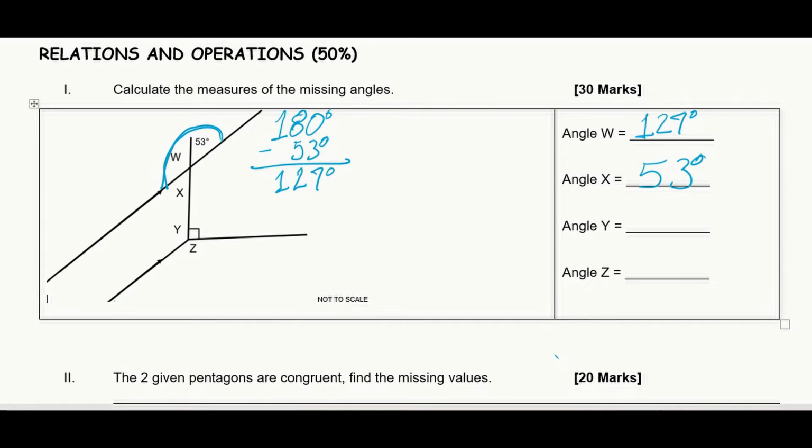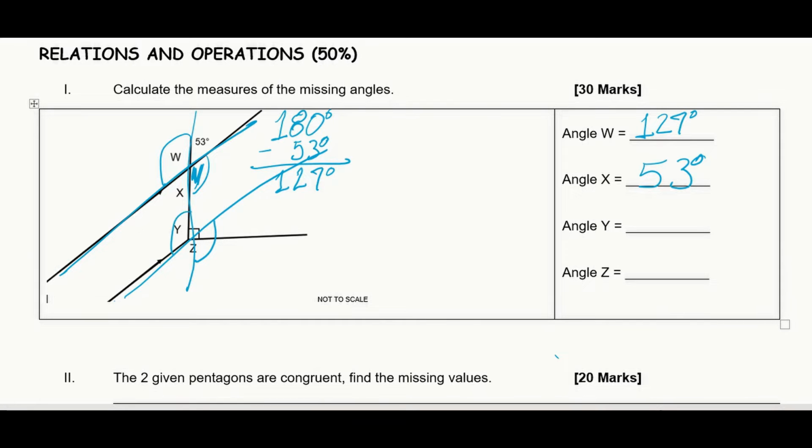All right. Now, because it is a transversal intersecting two parallel lines, we can tell this angle is congruent to this angle. And because these two lines are parallel, we know this angle is congruent to this angle.